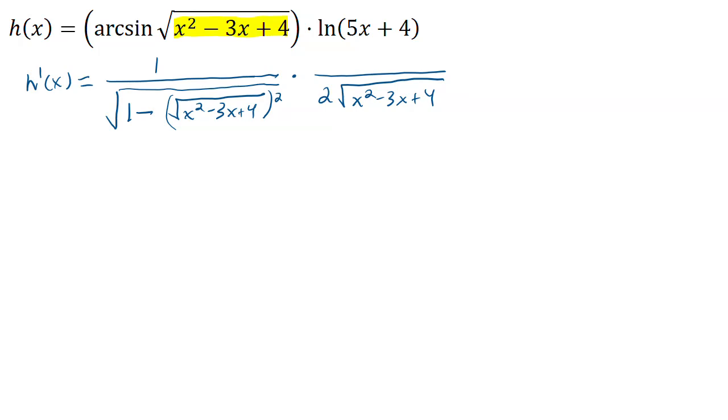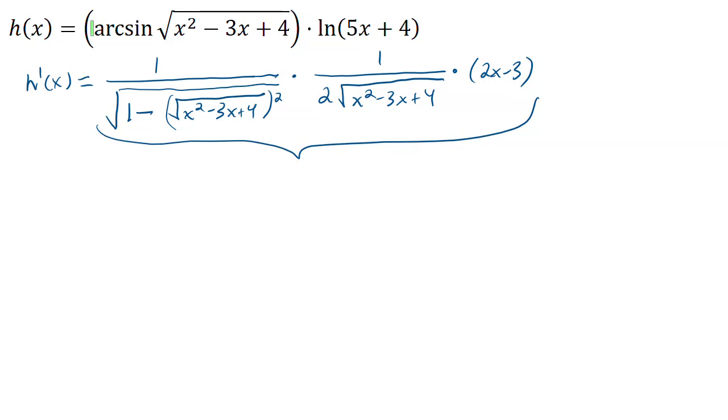Again, the derivative of that inside function is 2x minus 3. So all of this is the derivative of this first arcsine function. It's the chain rule applied a couple times because we have functions inside functions.